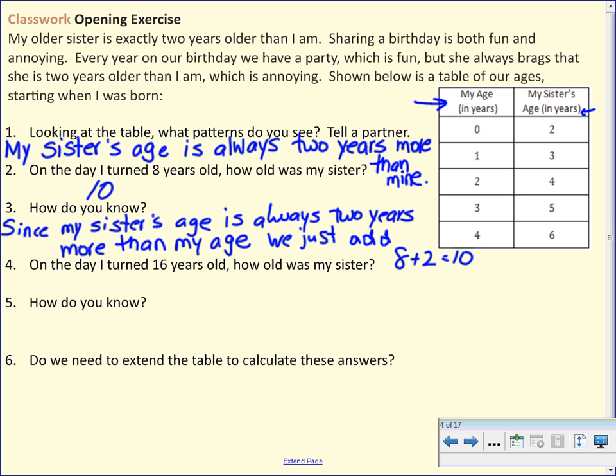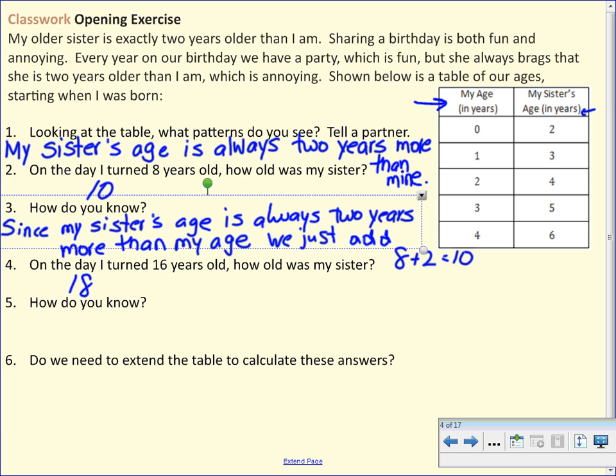So on the day I turn 16, how old is my sister going to be? 18. How did you know?